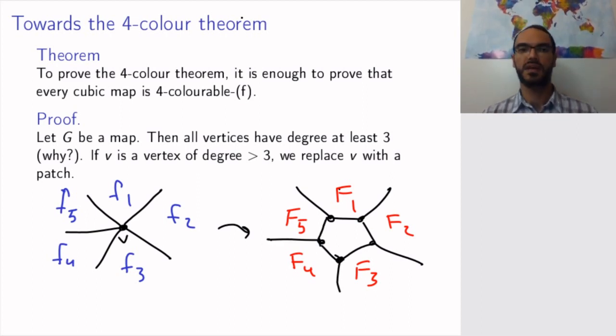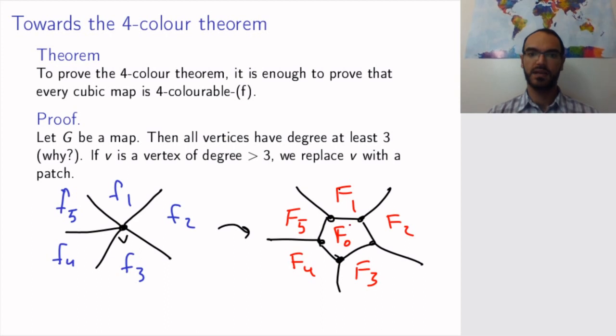There we go. I get yet another face, F0. Why is this reasonable? Why does this help? Well, with this replacement in my new map, instead of this degree greater than 3 vertex, I now have a bunch of vertices of degree 3.